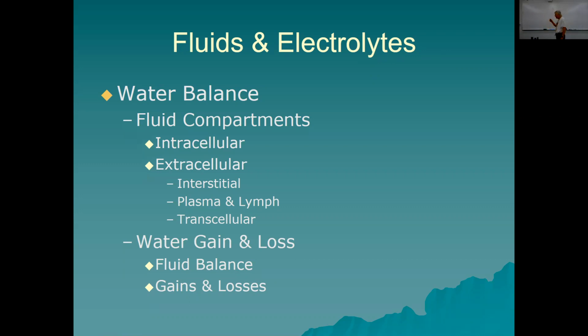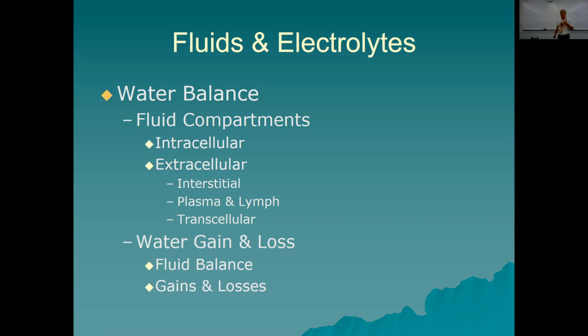Body fluids. In fluid compartments, places in the body where you find fluid, there's intracellular fluid and extracellular fluid. Intracellular fluid is fluid inside cells. Extracellular fluid is fluid outside cells. And there are three different compartments in the extracellular fluid.